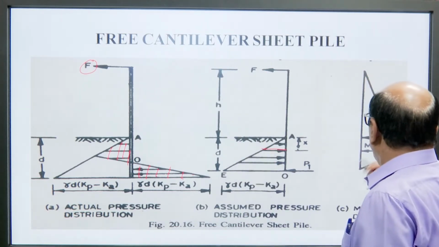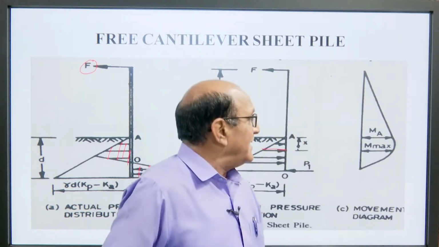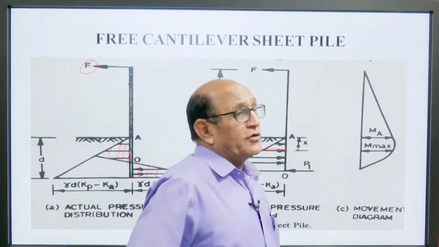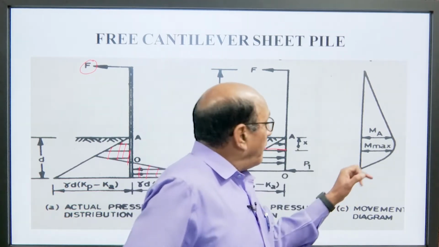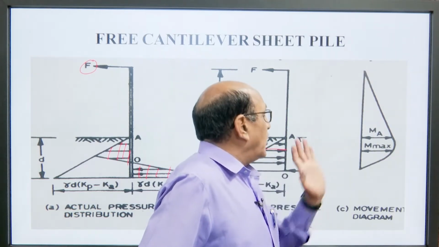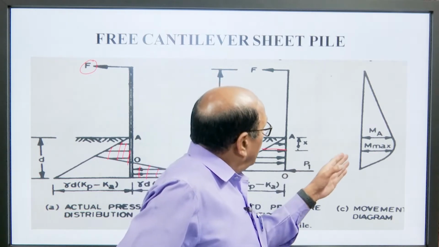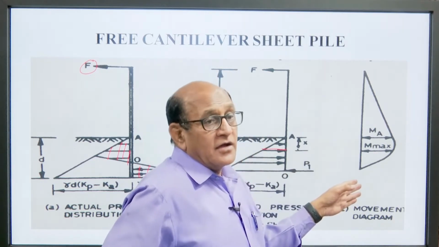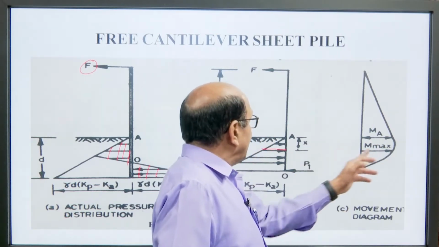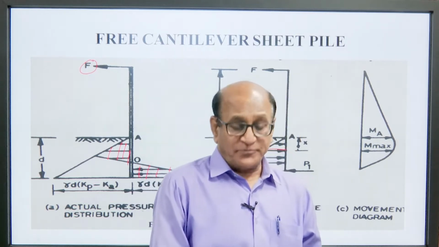Now, this is the diagram of moment and we can see here the moment increases from the top or from the bottom. The maximum moment is attained at this point, that is the x from the dredge line.